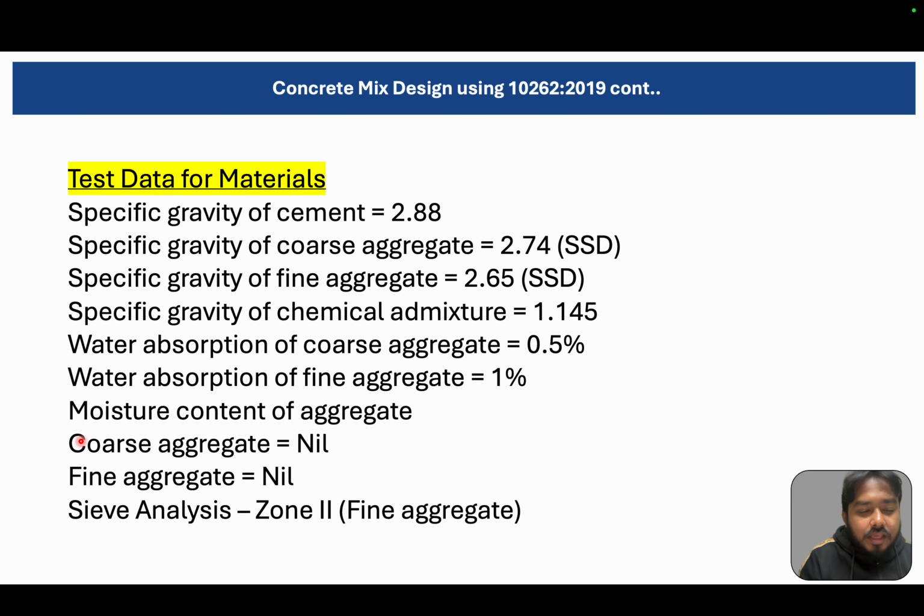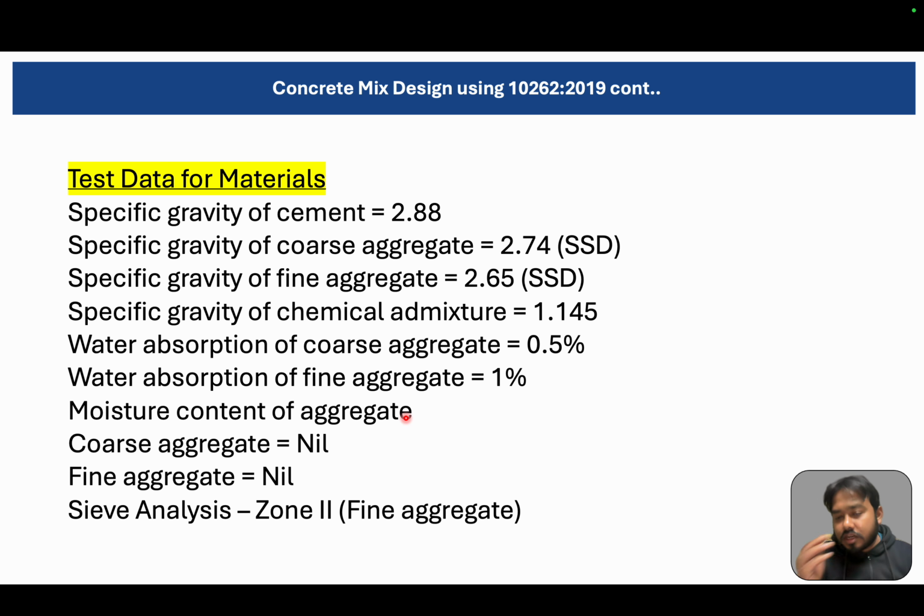How are you going to identify? You see here the moisture content of aggregate is given. The moisture content of aggregate for both coarse aggregate and fine aggregate is nil. That means no moisture has ingressed into the aggregate, neither the fine aggregate nor the coarse aggregate. If no moisture has come inside the aggregate, that is a clear indication of dry, so you have to consider the dry condition.